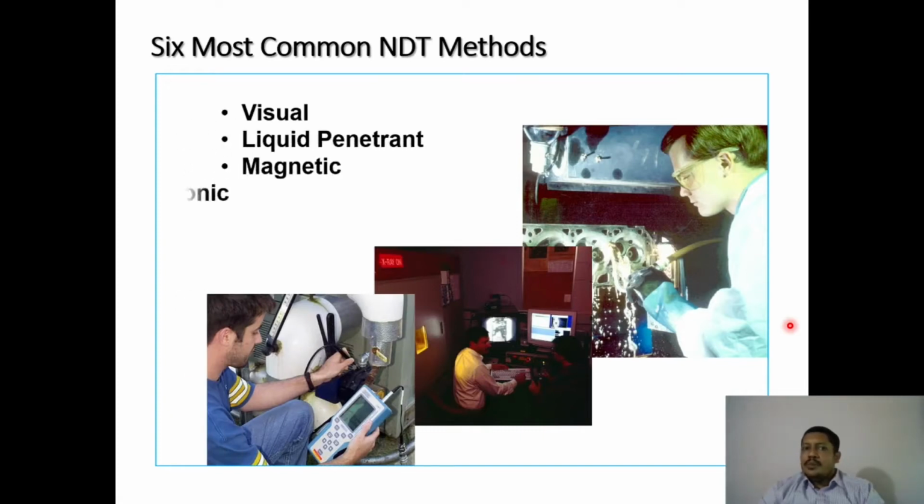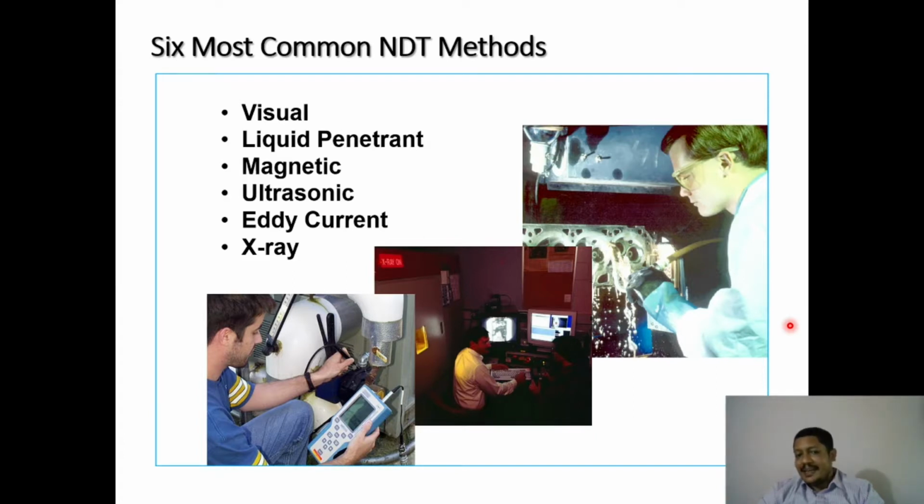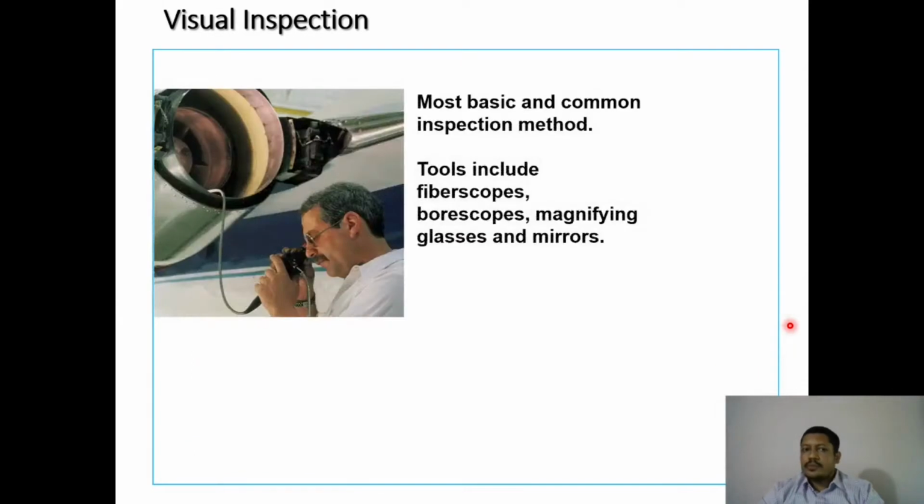The six most common NDT methods: the basic one is visual, next is liquid penetrant, next is magnetic, next is ultrasonic, next is eddy current and next is X-ray. You can see over here, this person is using some kind of tools, including fiberscopes or borescopes, magnifying glasses and mirrors.